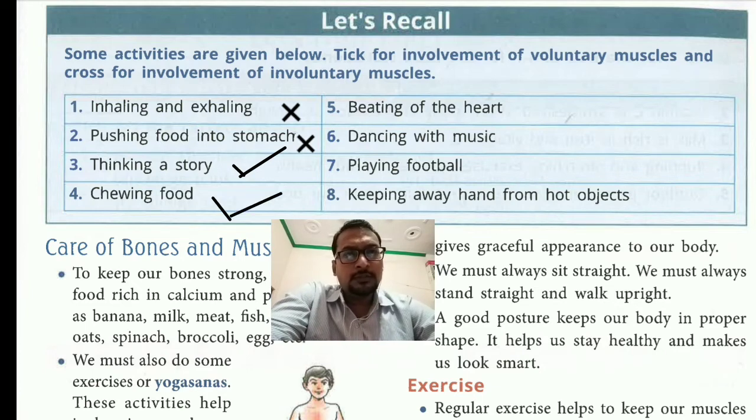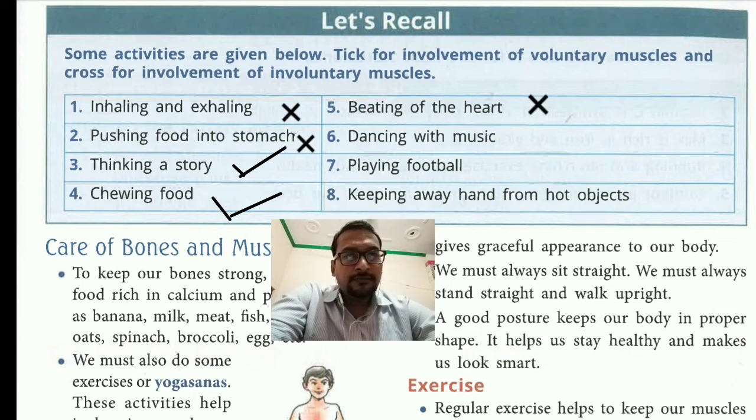Number 5, beating of the heart. Beating of the heart, it's cardiac. Cardiac muscles are involuntary muscles. The heart is made up of cardiac muscles, so this is involuntary, so you have to cross it.